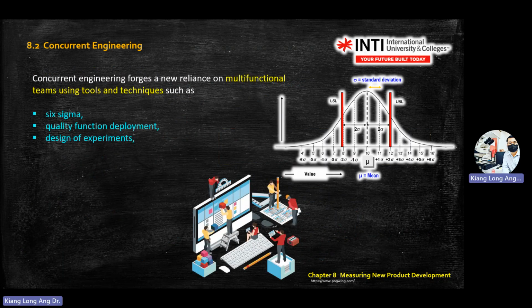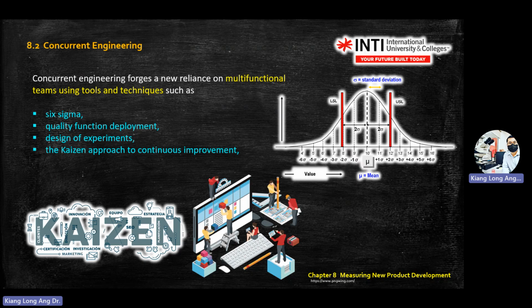So again, Six Sigma, you're seeing the range again. Kaizen is important when you go to work later, especially in those manufacturing plants, especially those Japanese companies. It's a very, very old concept, but they already have it built inside the company. They assume you know what is Kaizen.